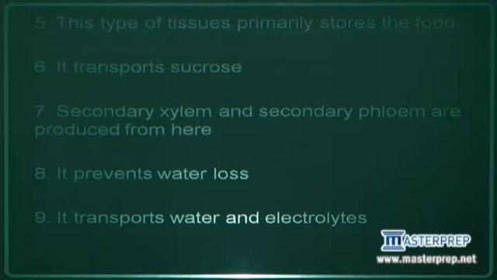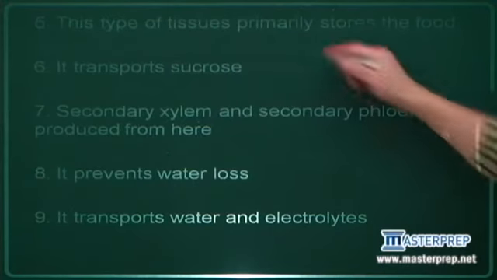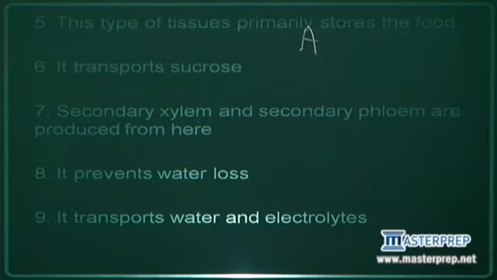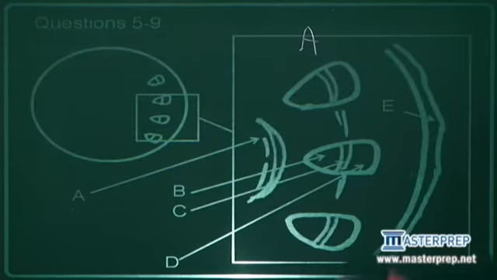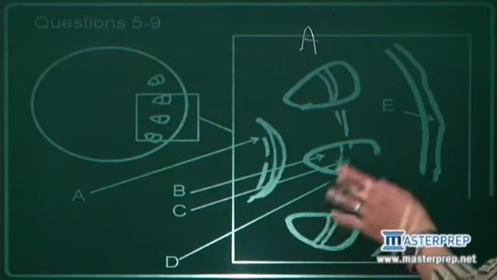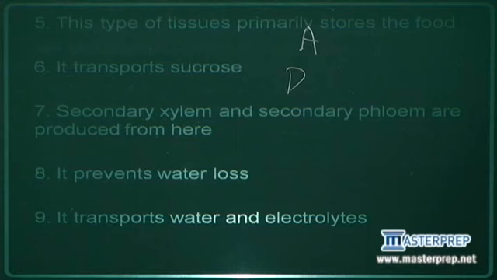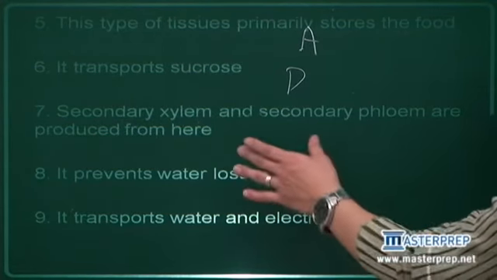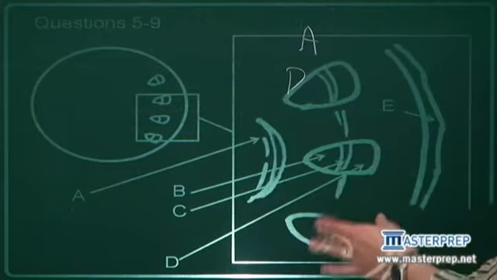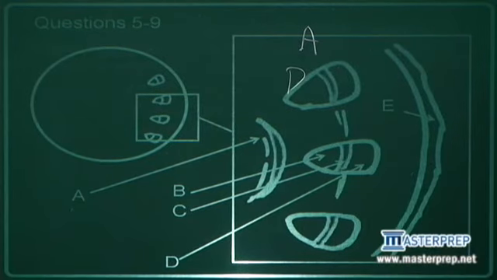All right, number 5, this type of tissue primarily stores the food. It's talking about the steel or pith, okay? That's A. Number 6 is transport sucrose. Transport sucrose, nutrients, sap, is the role of the phloem, which is D, right? And number 7, secondary xylem and secondary phloem are produced from here. Okay, so this is the function of the cambium. Here C.